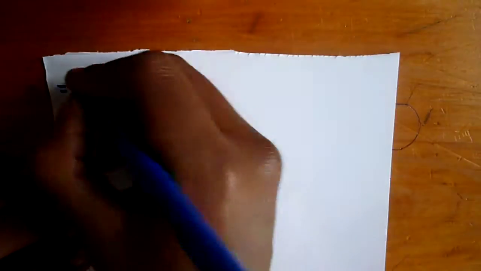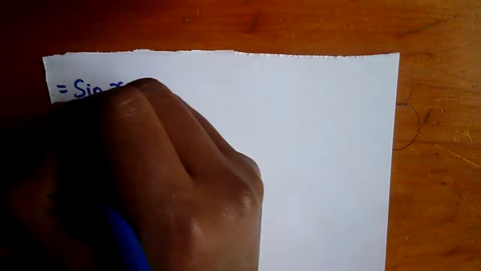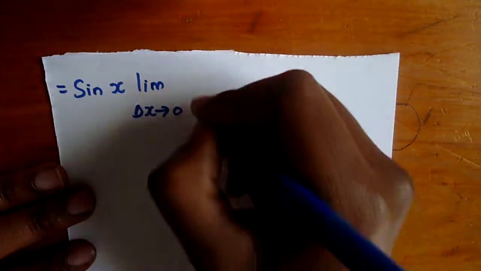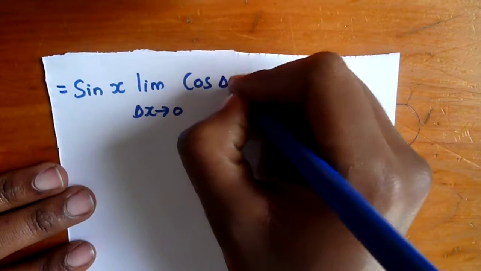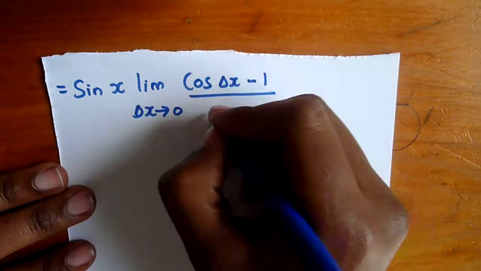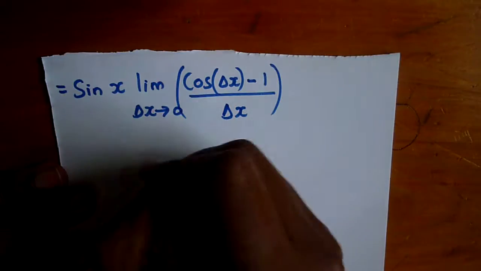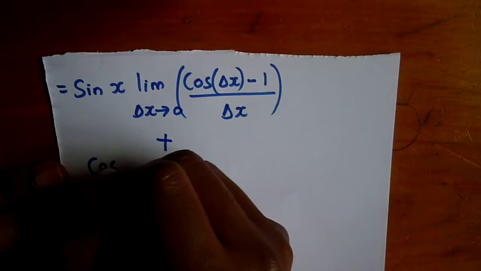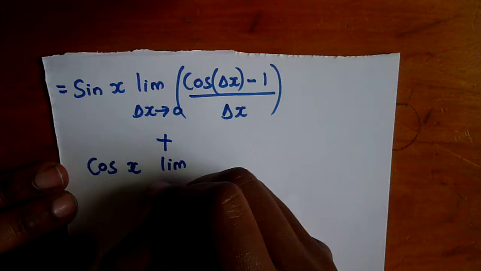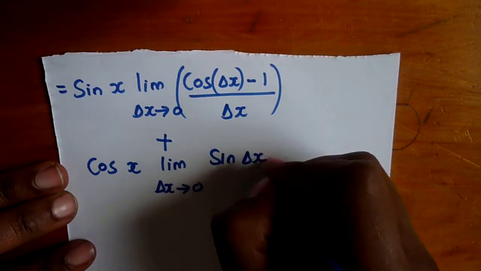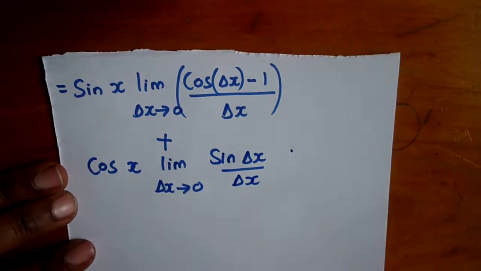So applying that to our new equation, let's rewrite it and then apply it. We have sine x times the limit as change in x tends to 0 of cos change in x minus 1 all over change in x, plus cos x times the limit as change in x tends to 0 of sine change in x all over change in x.